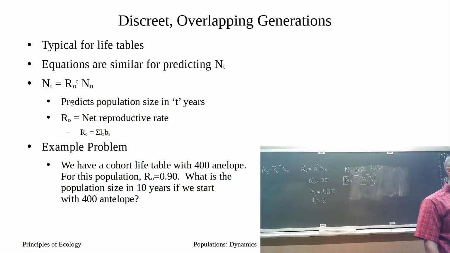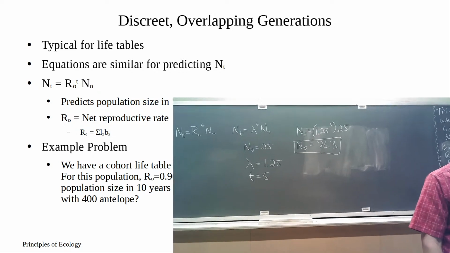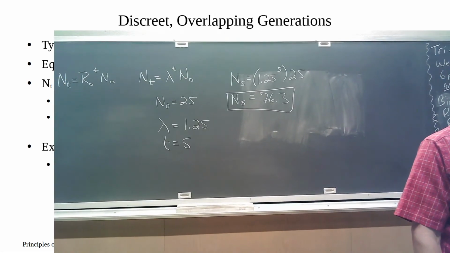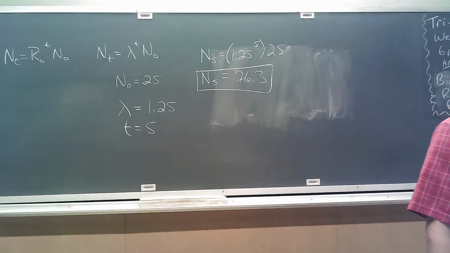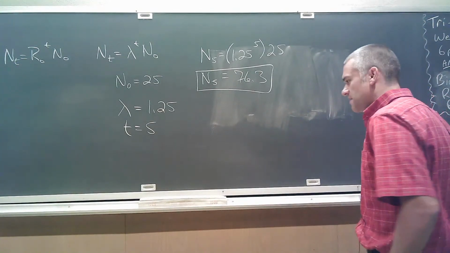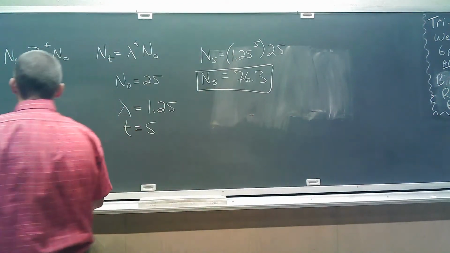So here's an example problem. We have a cohort life table with 400 antelope in it. For this population, R naught is equal to 0.9. So I ask, what is the population size in 10 years if we start with 400 antelope? Let's work out the problem. Again, we write down what we know.